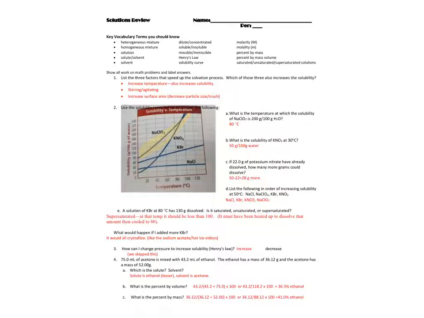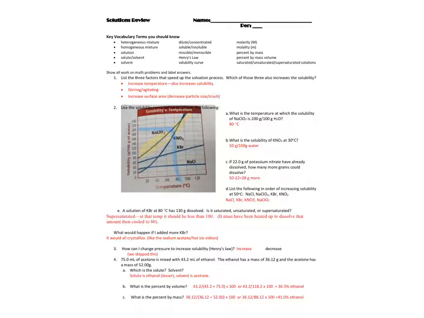We want to know when it's 20 degrees. So we go over on here, and then we see where that hits the curve. That's pretty close to the 80 line. We don't have a great graph with numbers on there, but it's pretty close to being right at 80.